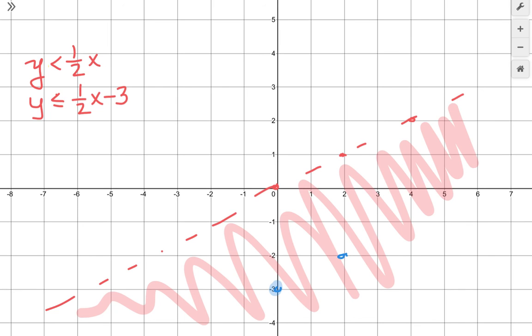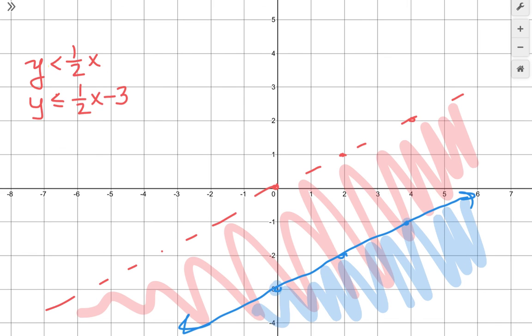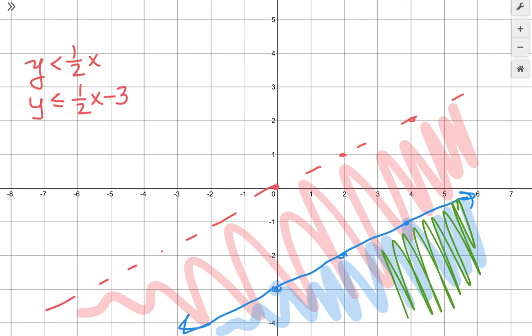We have, again, a slope of 1/2. This one is a solid line. And now we're also shading below. So the overlapped region here is actually below that second line. This would be my final solution set.